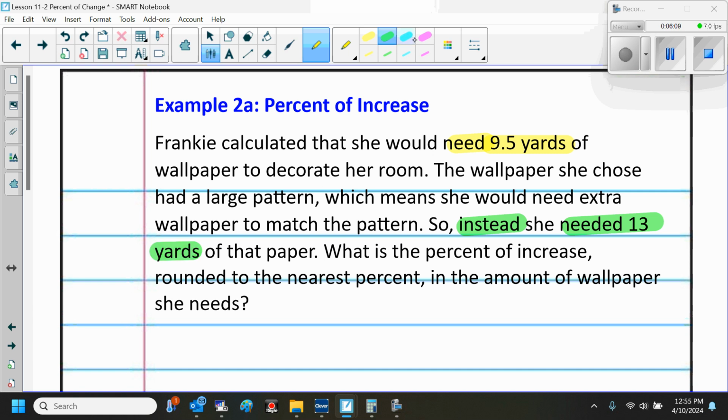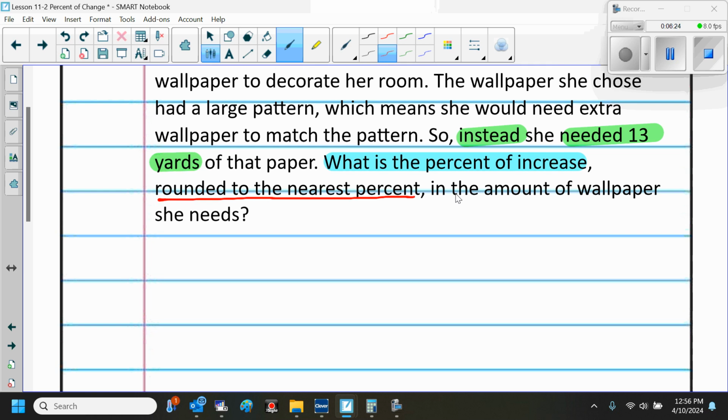And of course we're looking for the percent of increase. And here's one thing I want you to pay attention to. We want to round to the nearest percent. Is everybody clear? All right. So here we're going to write, this is a percent increase, so we're going to write percent increase.